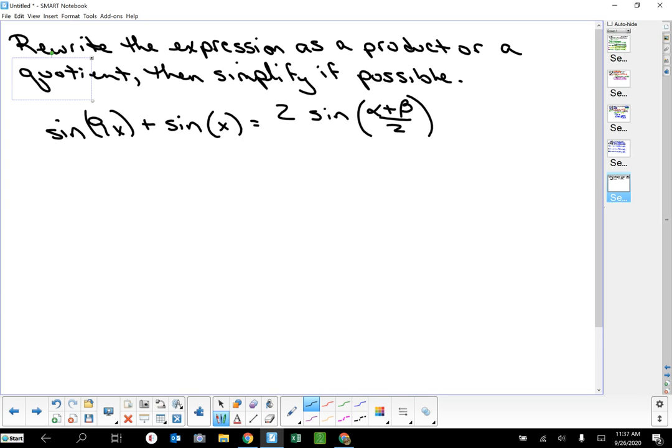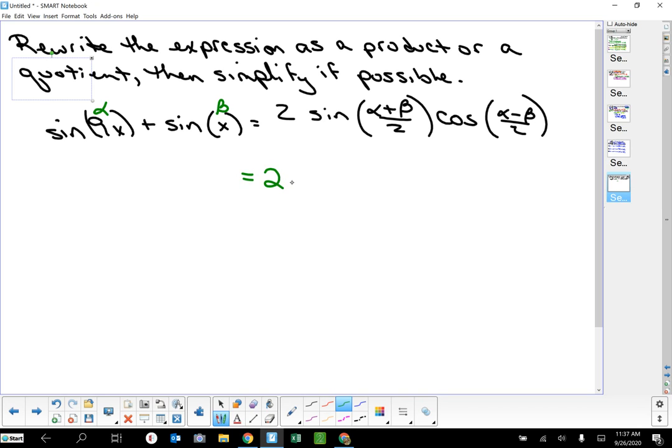And then cosine alpha minus beta over 2. Just double check. Yep. Okay, so what we've got here, this is our alpha, this is our beta, and we're just going to plug things in here.